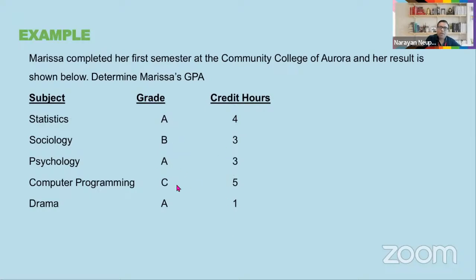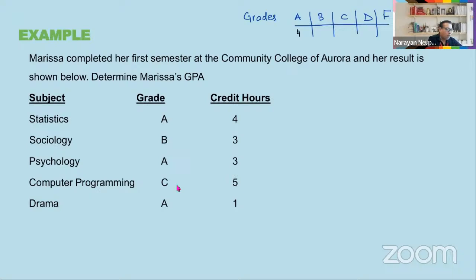Now, if you think of GPA, what is the maximum GPA possible? 4.0, straight A, 4.0, right? So we have different grades possible. Let me write here. They are A, B, C, D, and F. If somebody gets straight A everywhere, GPA is 4.0.